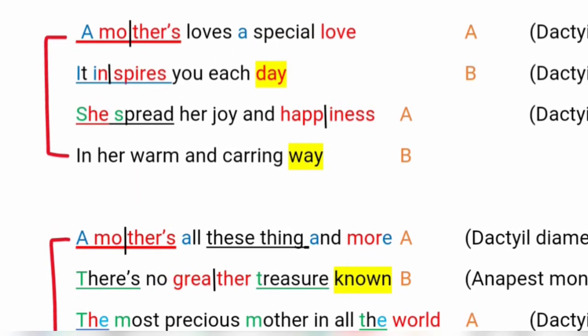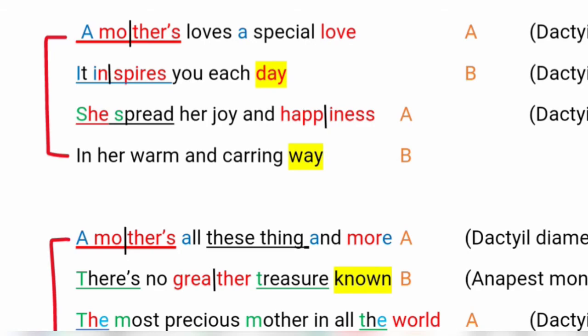The meter of this poem. Of each line you can see they have a meter.